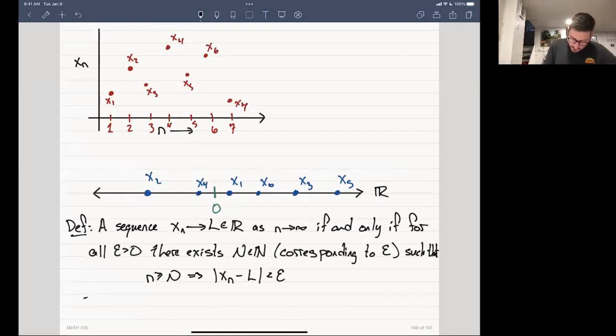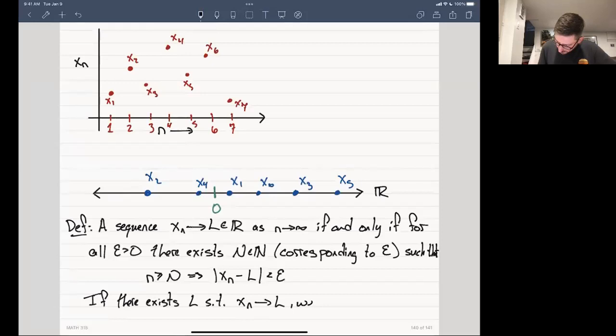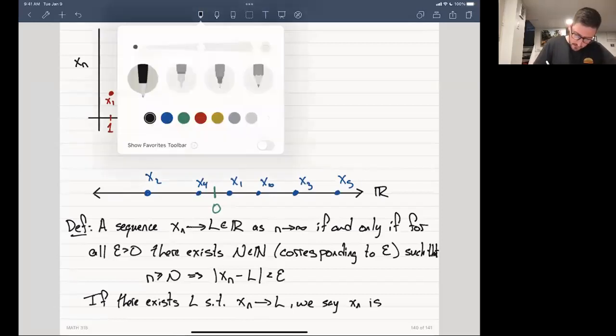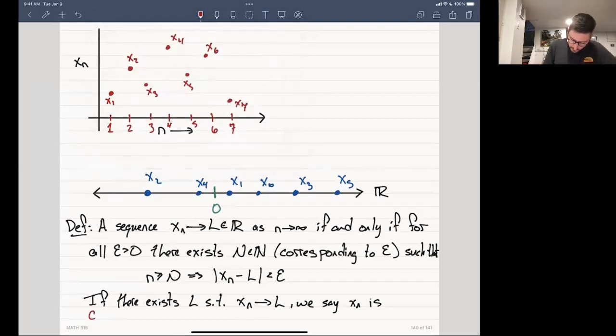And we say if there exists a L such that, s.t., that's just a short form, xn approaches L, we say xn is convergent.